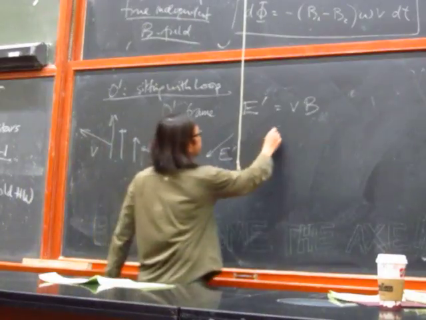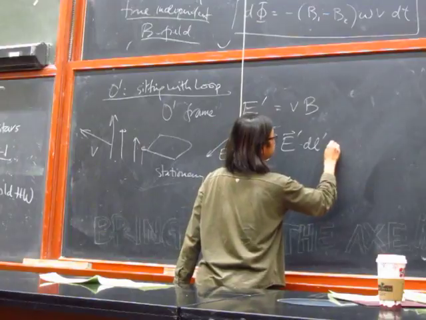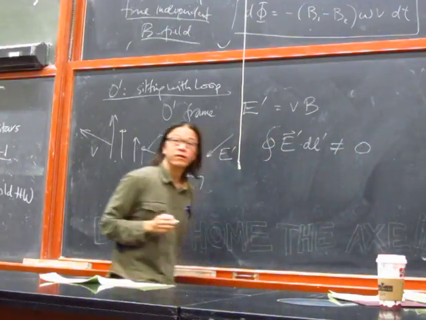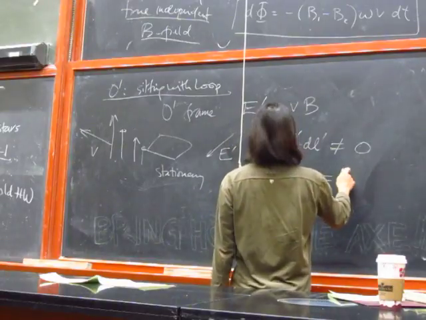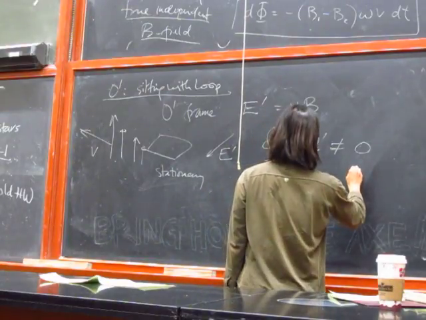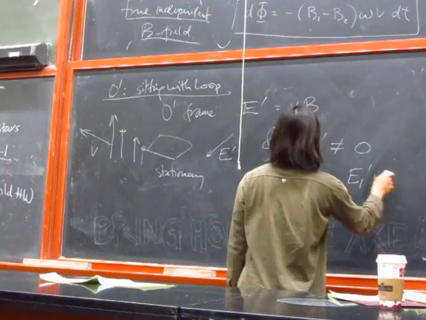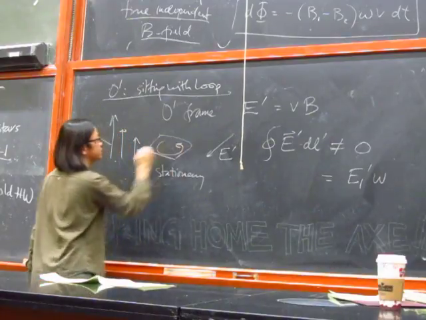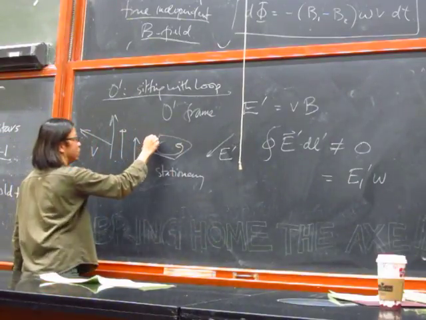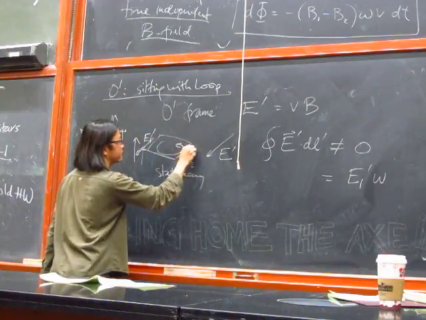So in this case, if I calculate the line integral of E prime dot dl prime, it's not going to be zero. In fact, it's going to be E1 prime times the width, because I'm still using the same positive direction, and there is an E1 prime here and an E2 prime there in that direction.